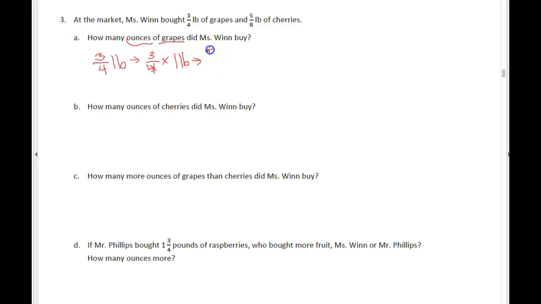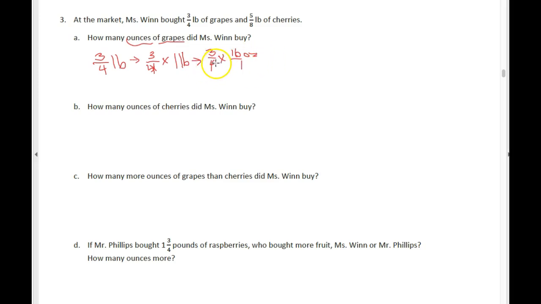So you can look on your chart if you need to for stuff like that, because it's got the information in your math reference sheet in your homework folder. Times, I know that there happens to be 16 ounces in a pound. So we've just taken this 1 pound, and it's still a pound. It's just a different way of measuring it, that's all.